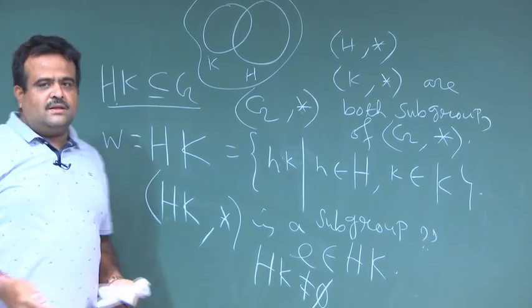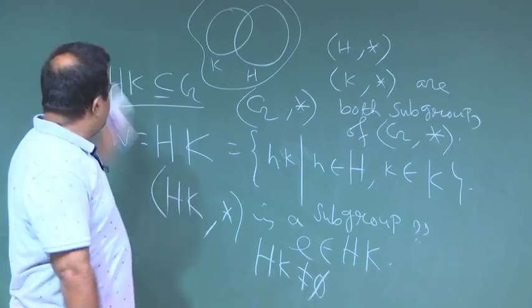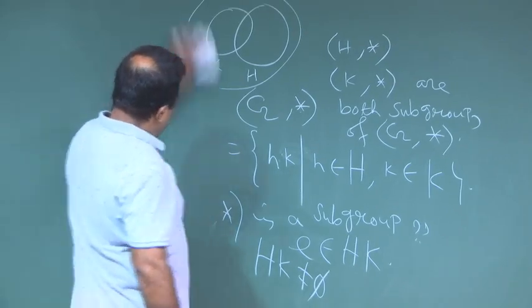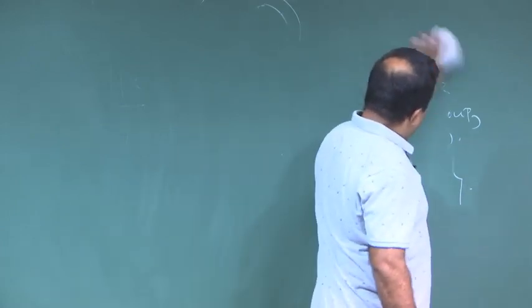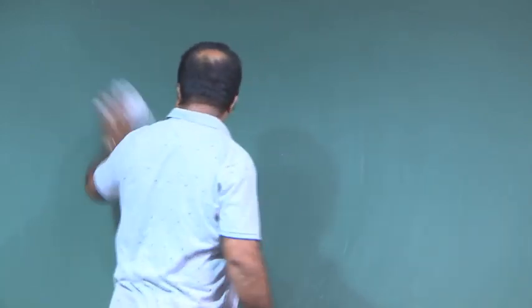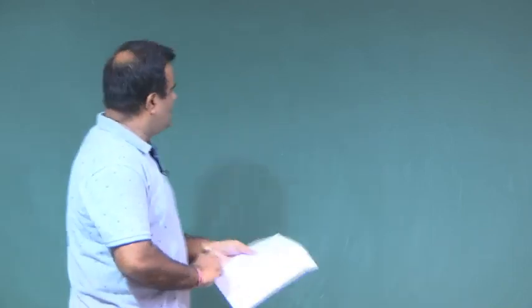Okay. So, again it need not always be a subgroup. So, you have to take an example where it is not a subgroup. So, we take the example of the permutation group S3. So, we consider the set of all permutations on three elements.